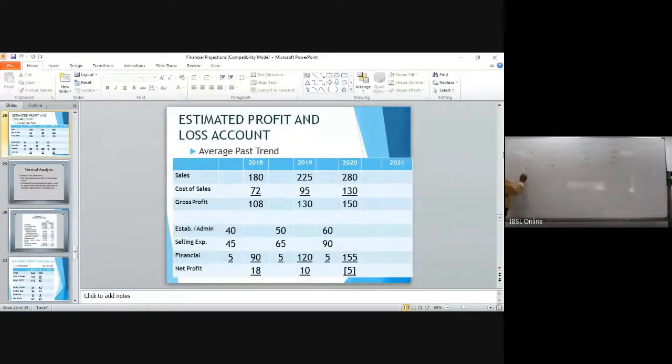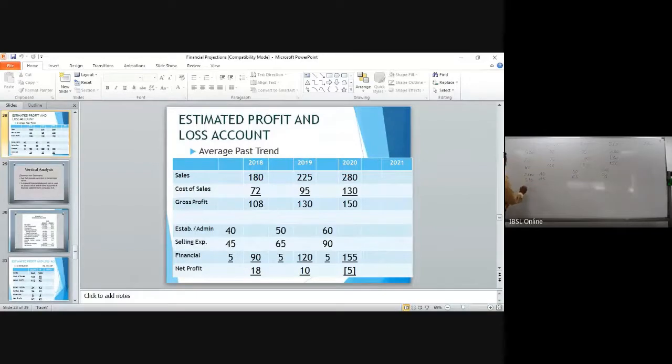Administrative expenses: 40, 50, 60. The selling and distribution: 45, 65, and 90.